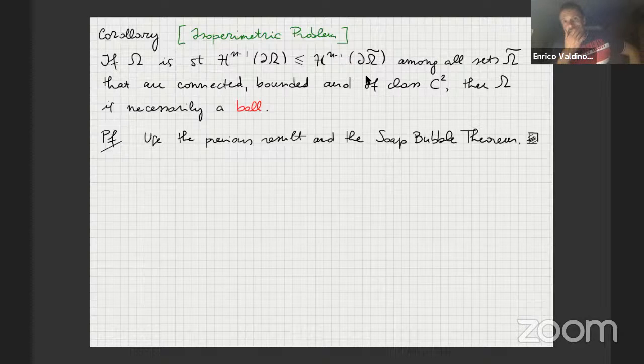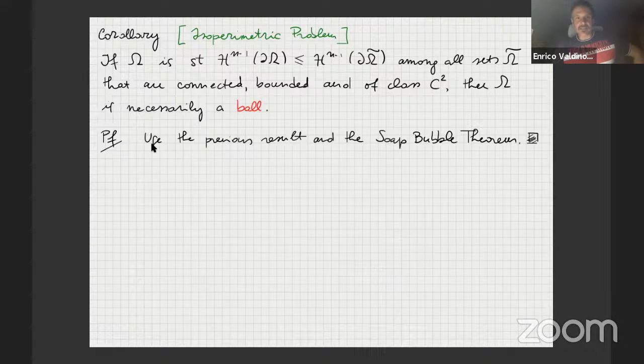So the isoperimetric problem tells me that if I have a minimizer among all nice connected bounded sets that have prescribed volume, yes, here I forgot, I said everything, but not that prescription, that are connected bounded of class C2 and with a given volume, of course, then the set omega is a ball.